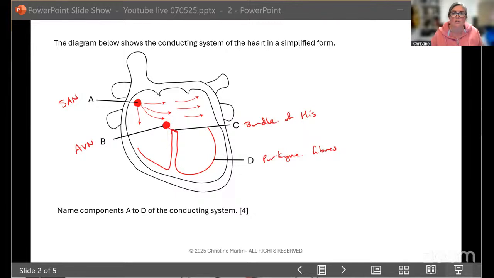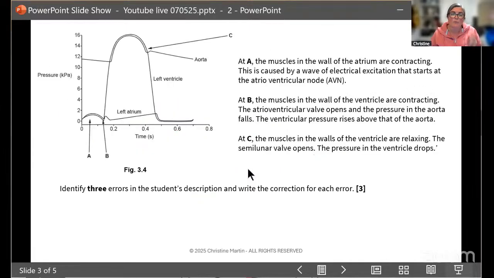Now, some of these questions are AS questions and some are A level, but remember they will be assessing you on your A level content. This is still part of the A level, because if they're looking at the cardiac cycle, that's module 3, which can come in paper 1 or can come in paper 3.